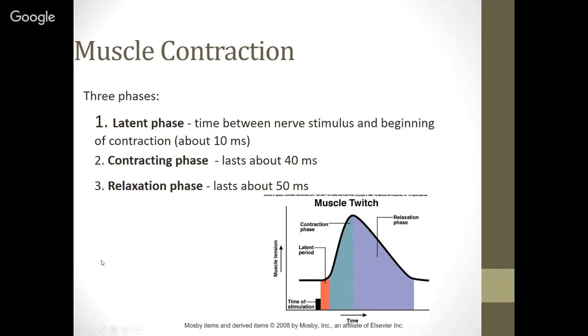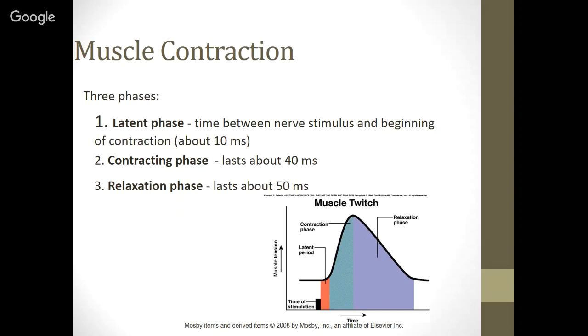So there are 3 phases of muscle contraction, and this is interesting, but it also becomes important when we think about certain diseases. There's the latent phase, which is the time between the nerve stimulus and the beginning of a contraction. So we've got the nerve stimulus, and we're waiting for those myosin and actin to start to contract. And that takes about 10 milliseconds.